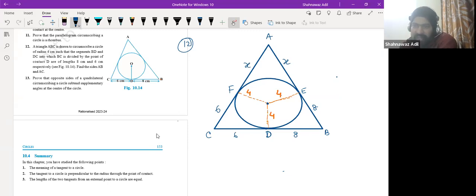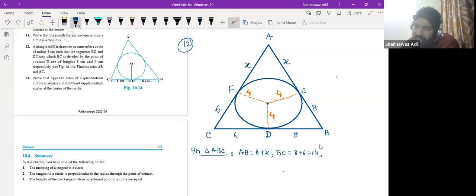So if we see this triangle ABC, in triangle ABC we have AB, which is 8 plus X, right? We have BC, which is 8 plus 6, which is 14.